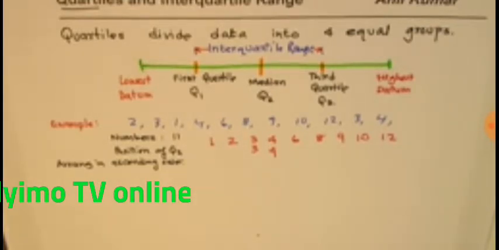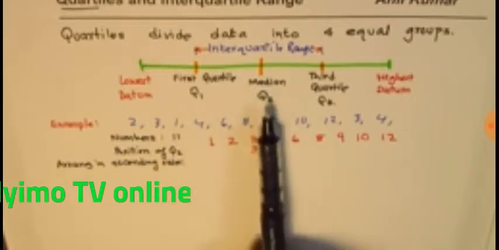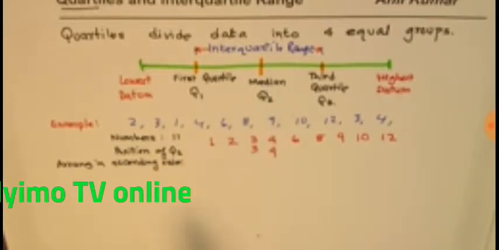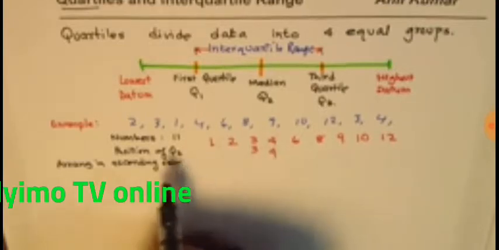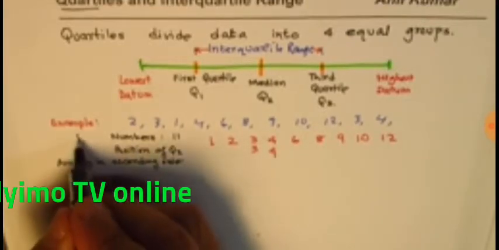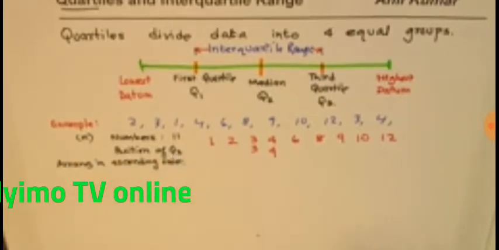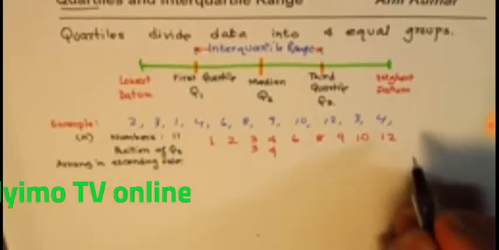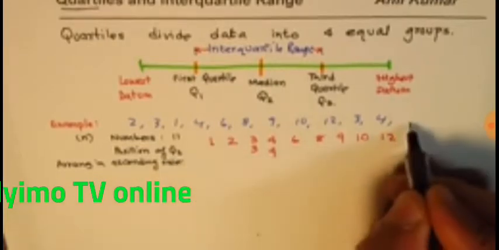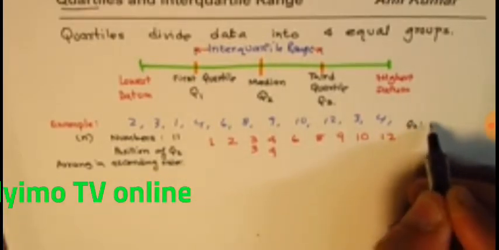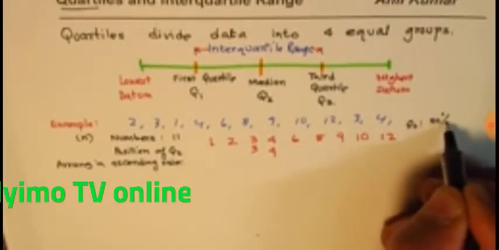Now, what is the position of the median, which is called the second quartile? To find the position, if the number of values is n, then the position of the second quartile, that is 50%, right, so we are finding Q2. Q2 position is at the 50% level.